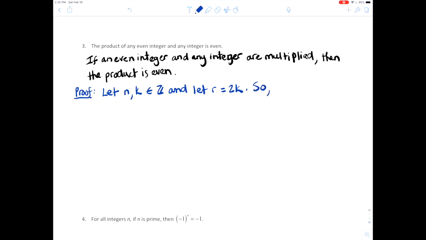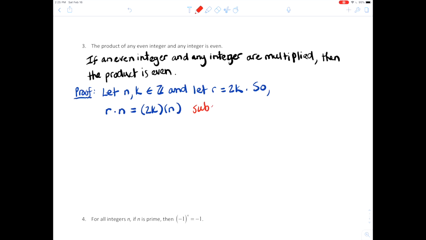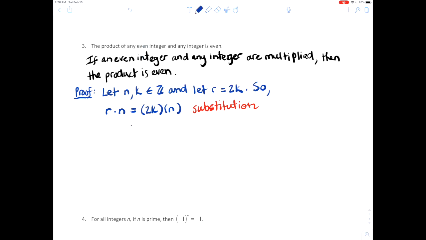So let's see what we have. r times n is equal to what? Beautiful. 2k times n, and that's by substitution. Well, that's going to equal 2 times k times n. And why is it I can do that?